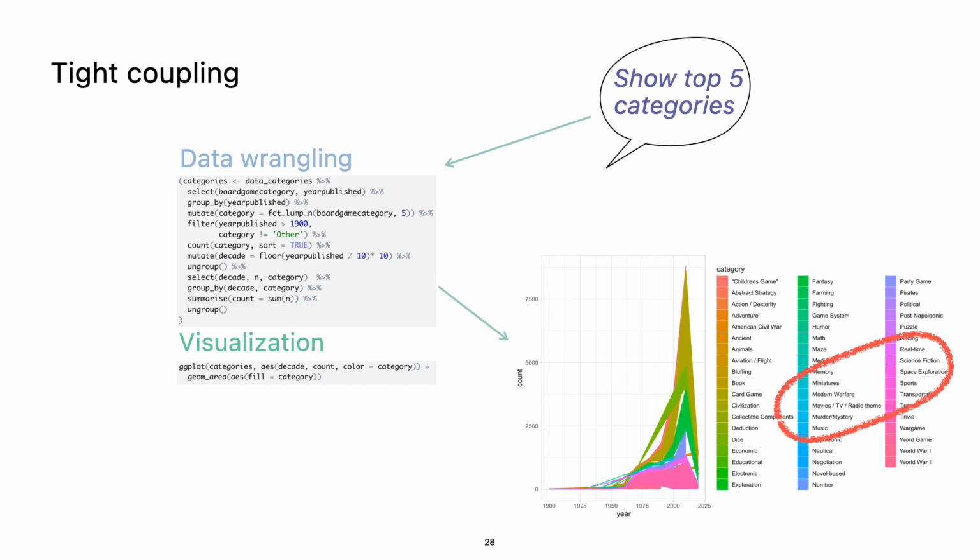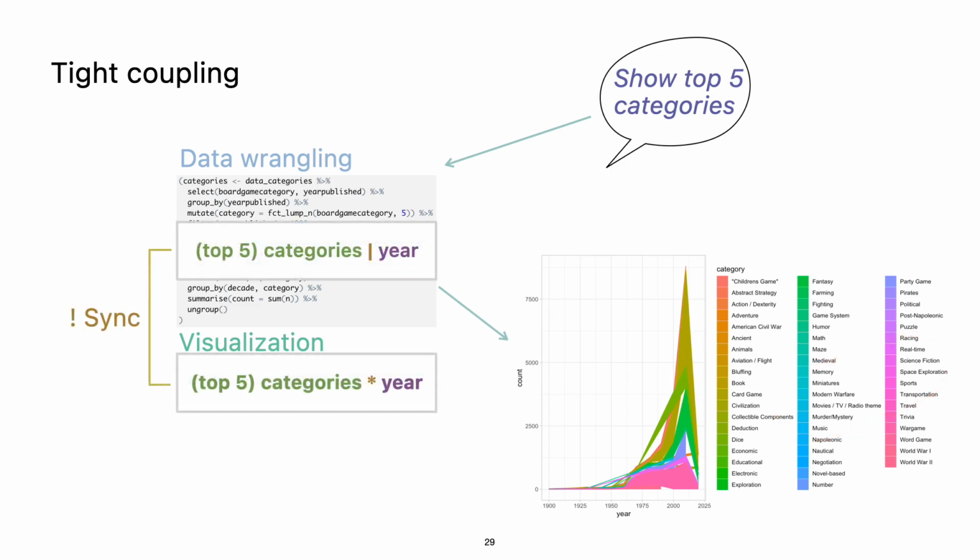What was wrong? Turns out the data wrangling corresponds to the top 5 categories conditional on the year variable. There are different top 5s each year. On the other hand, the grammar specifications actually correspond to a cross operator between categories and year, so no conditional logic. Here, the underlying specifications between wrangling and visualization are not in sync.